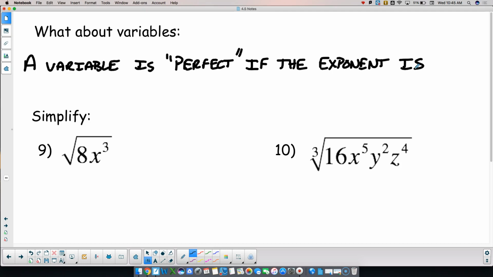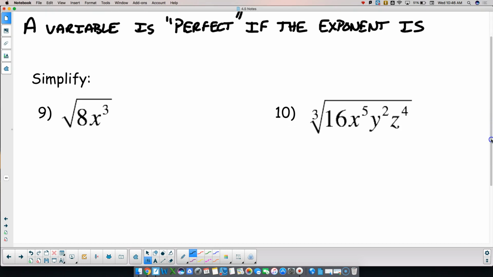So a variable is perfect if the exponent is what? They're all going to be positive because we don't like negative exponents. Don't know? Let's try one. See if we can come up with it as we go along.